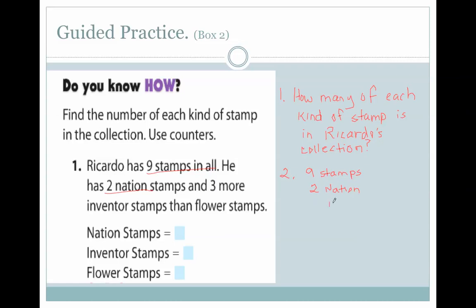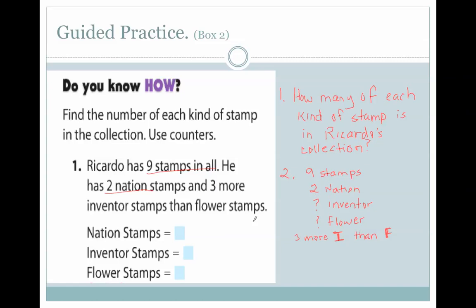So I'm going to put inventor here, and then flower stamps right next to it. These are the two that I don't know. But what I do know is there are 3 more inventor than flower stamps. So 3 more, and I'm just going to use a capital I for inventor than F for flower.